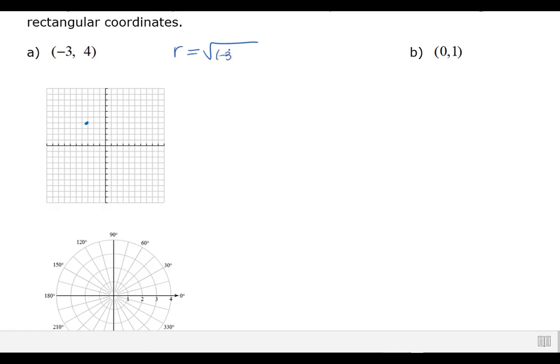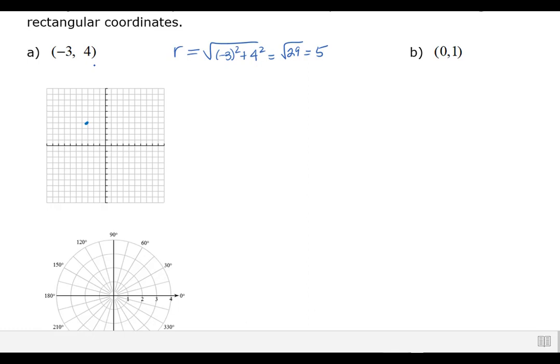So it's going to be negative 3 squared plus 4 squared. So we get the square root of 25, or just 5. Now remember, r can be positive or negative in this case, but since we're focusing on just the angle whose terminal side holds the point negative 3, 4, we're going to just use positive r's here. So we've got our r.